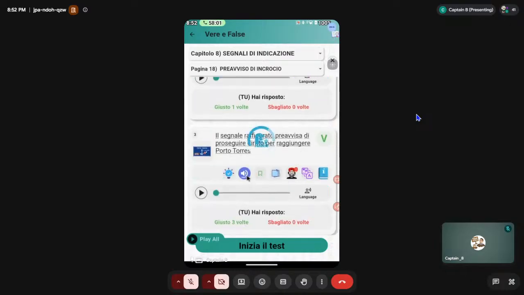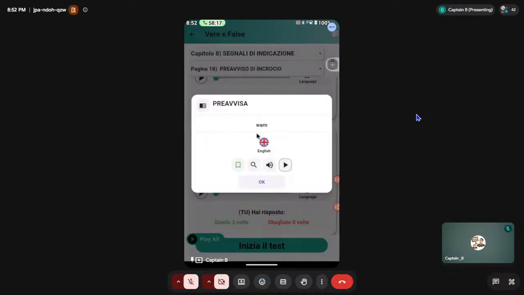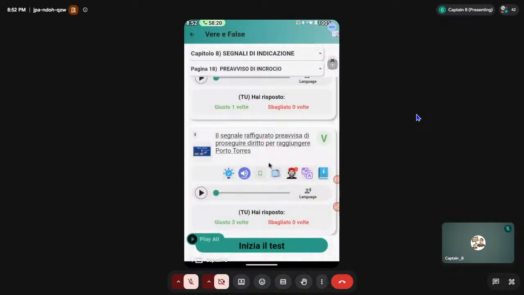Number 3. Il segnale raffigurato preavvisa di proseguire diritto per raggiungere Porto Torres. The word preavvisa, guys, means announcing, reporting, warning, okay? Proseguire means proceed, follow.